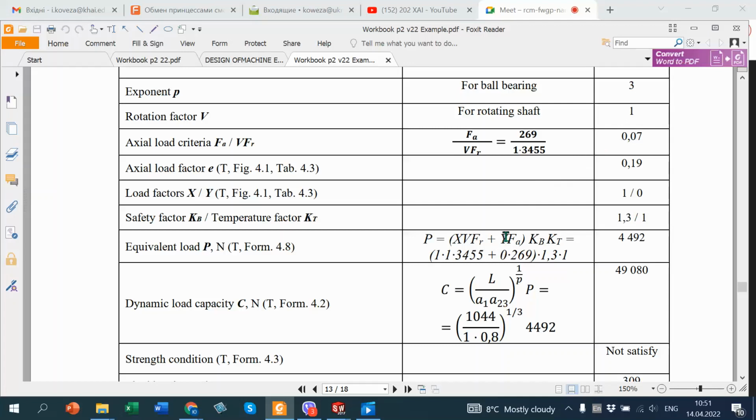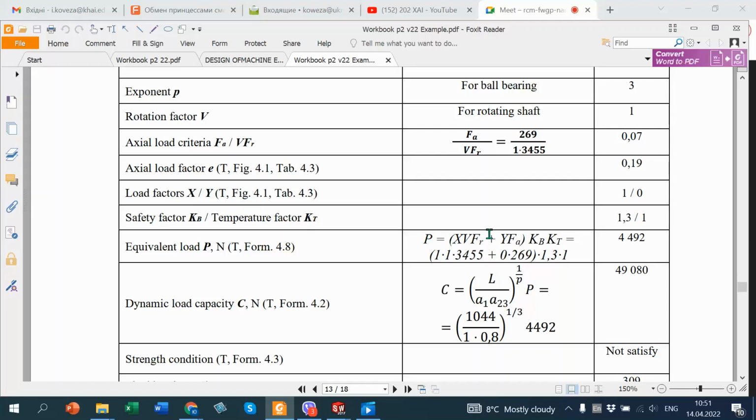And like in my case, Y is 0, we neglect axial force, and we have P capital, equivalent load, safety factor times radial force.